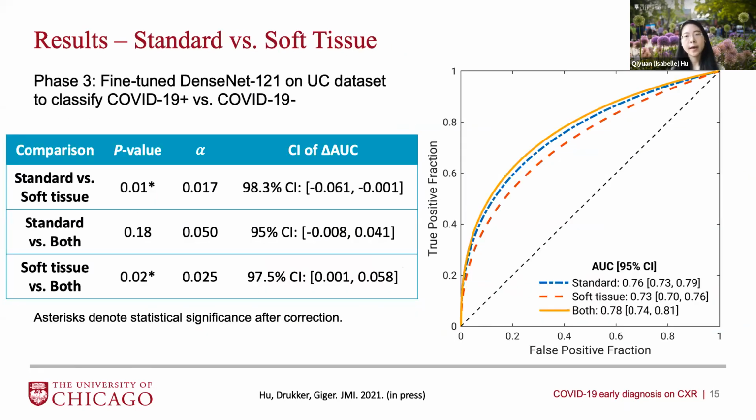This could be due to the fact that most images in our datasets were from portable exams. The synthetic soft tissue images have been shown clinically to be not as useful as the dual energy soft tissue images because they can have artifacts and the post-processing doesn't really provide new information, whereas taking another image with a different beam energy does provide additional information.